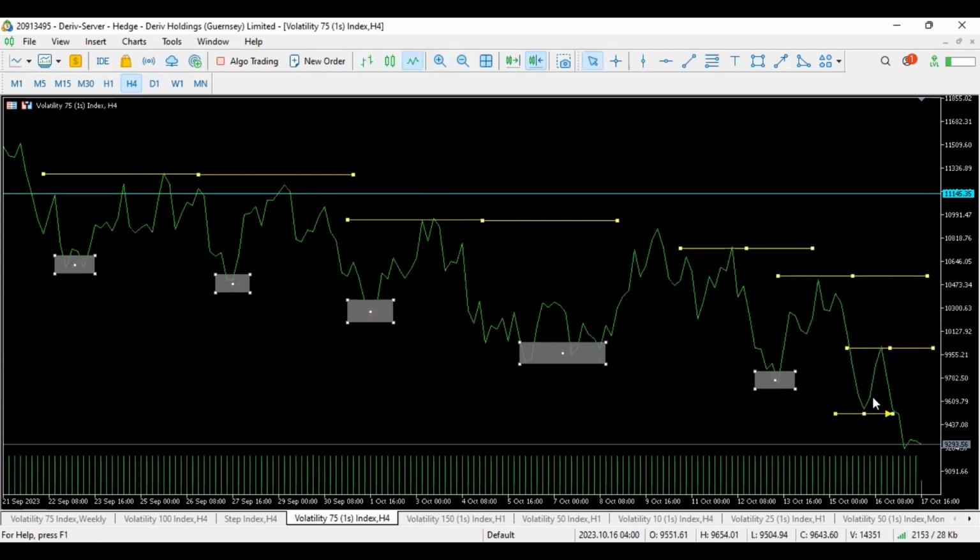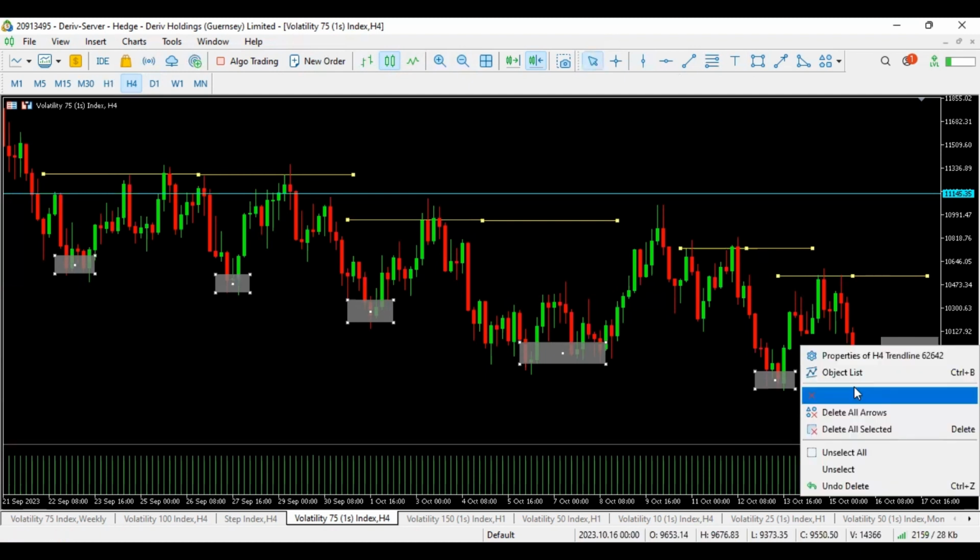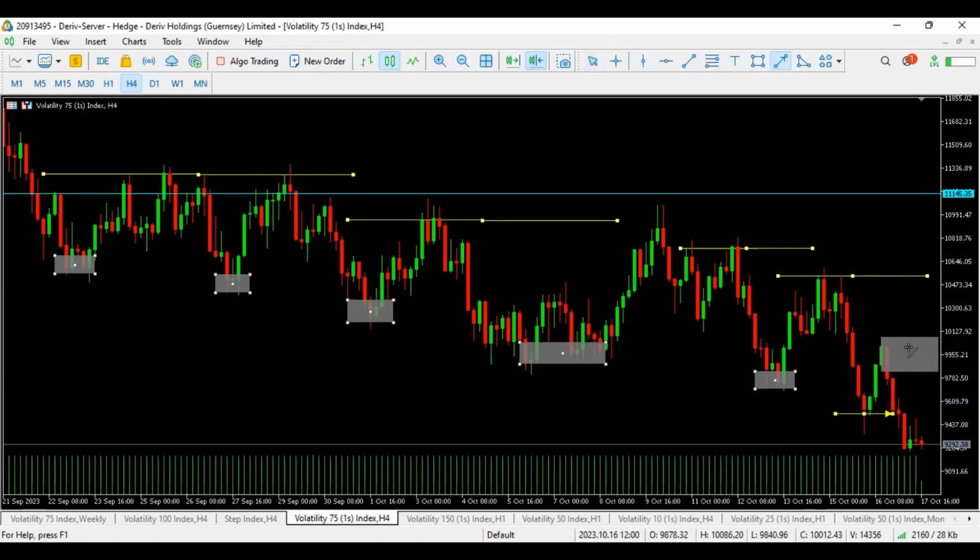You see, so there was a BOS. The structure was broken over here, and the order block that was responsible for the break of that structure is this gentleman over here. Can you see? Yes.